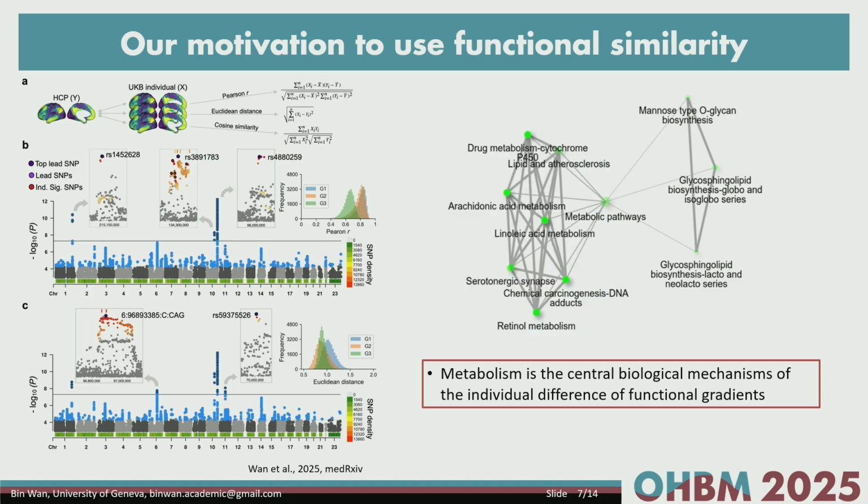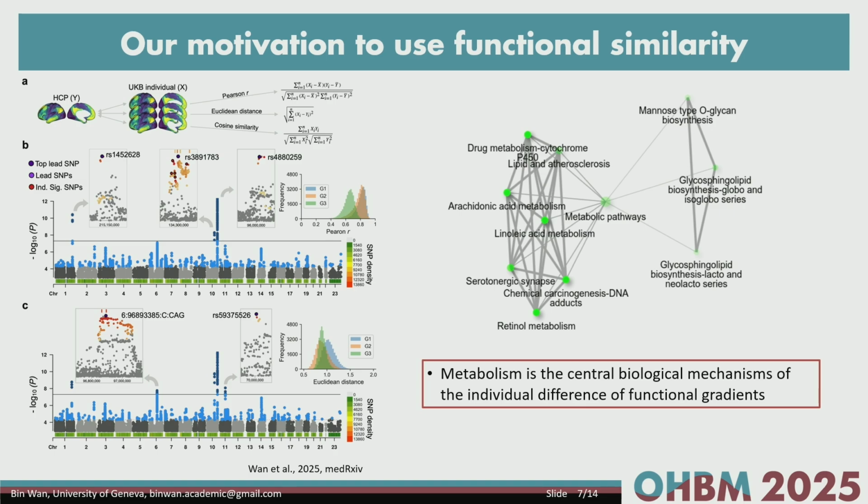Here we use the UK Biobank data, fitting individuals to the HCP template and calculating the global feature of the functional gradients. Then we perform GWAS on the global feature, and we find 5 loci. These 5 loci are enriched in the metabolic pathways.